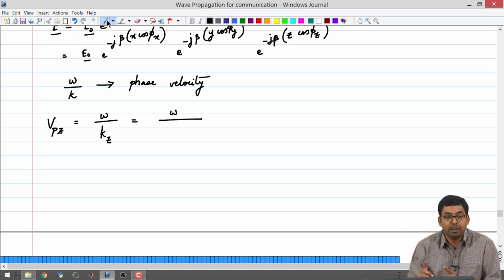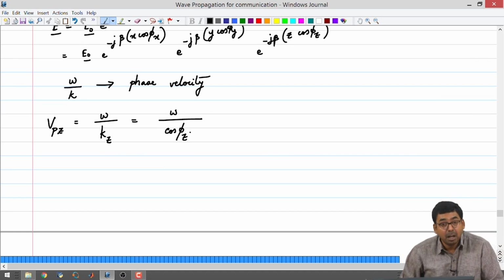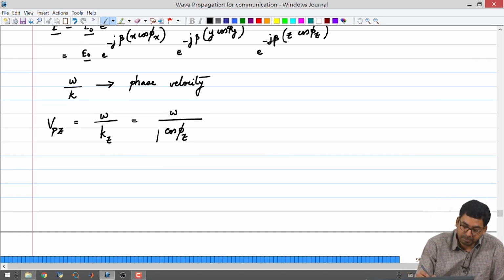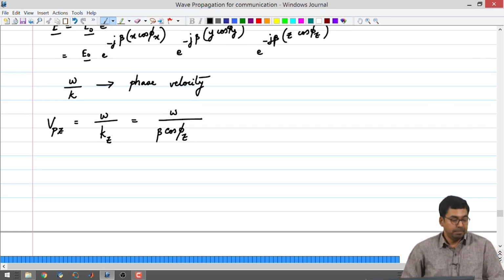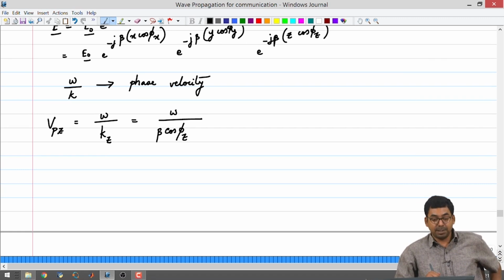I am going to take the coefficient of the vector. So, omega divided by beta cos phi z, that will be my phase velocity component in the z direction.